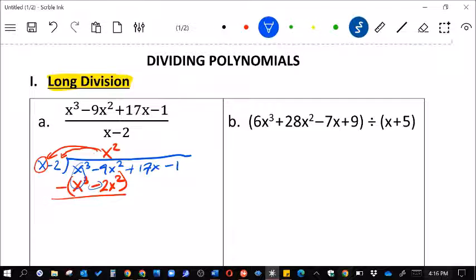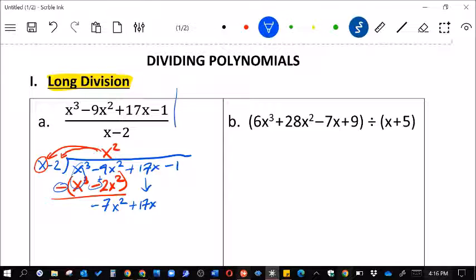But for the other one, I have two negatives, so it's actually going to be plus a 2x squared. Negative 9x squared minus a negative 2x squared, or negative 9x squared plus 2x squared, will give me negative 7x squared. And then I'll bring the 17x down.